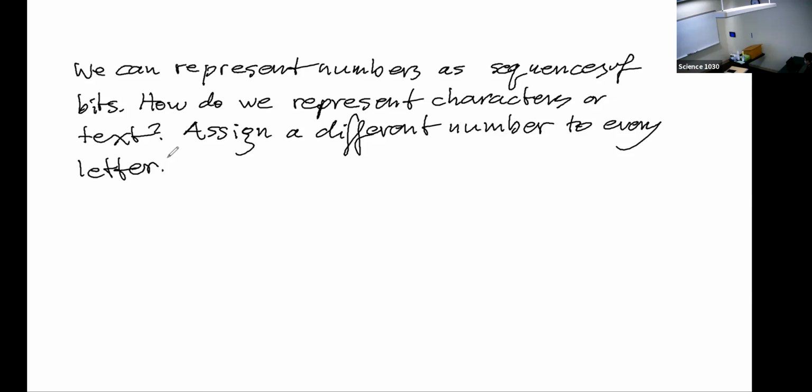As long as we agree, it's crucial that we agree on what numbers we're assigning to the different letters. Because if I have a table that says A is 42, and your table says 42 is X, and I send you a message as a sequence of numbers, okay? Because that's what's going to happen.